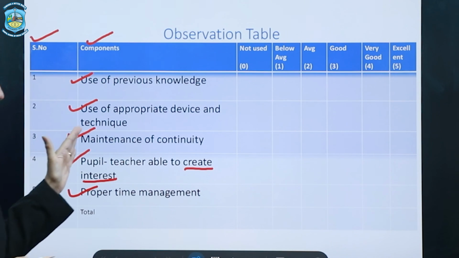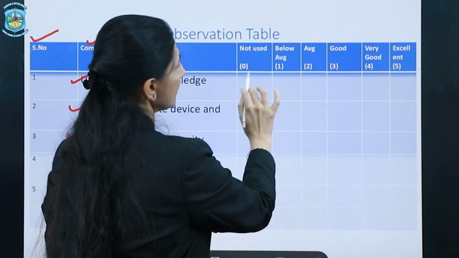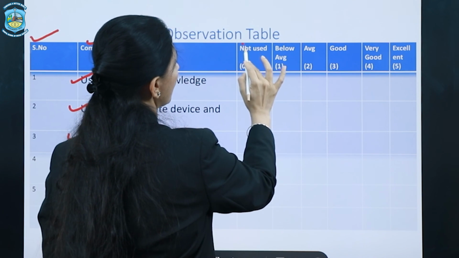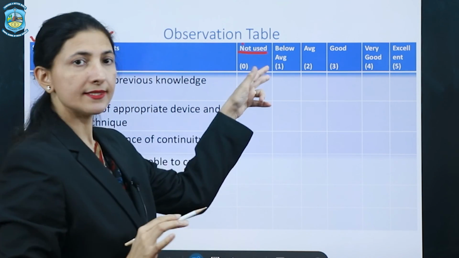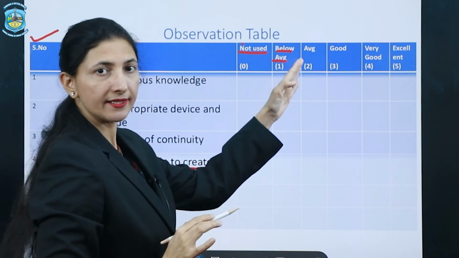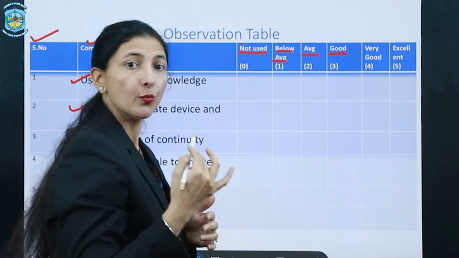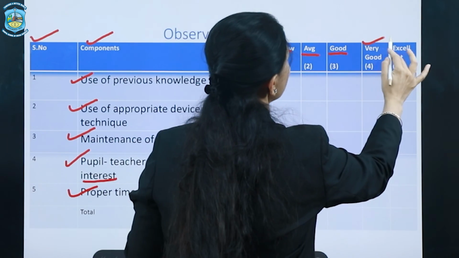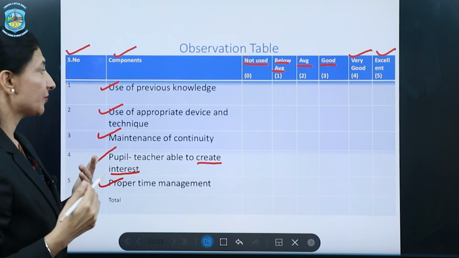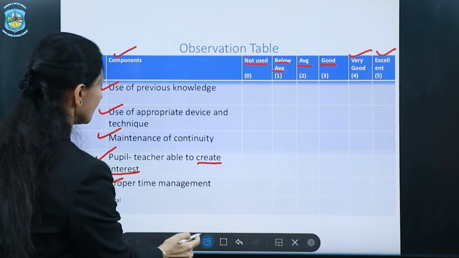Okay. Now you can see another side. This is a scale. So the scale is from 0 to 5. First one is not used. The second one is below average. And next is average, then good, very good and excellent. So I know you know how you get the rating. As per your performance, you get the rating.